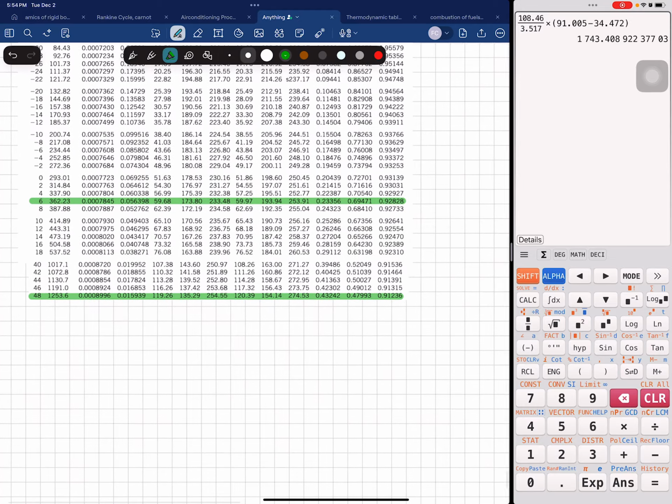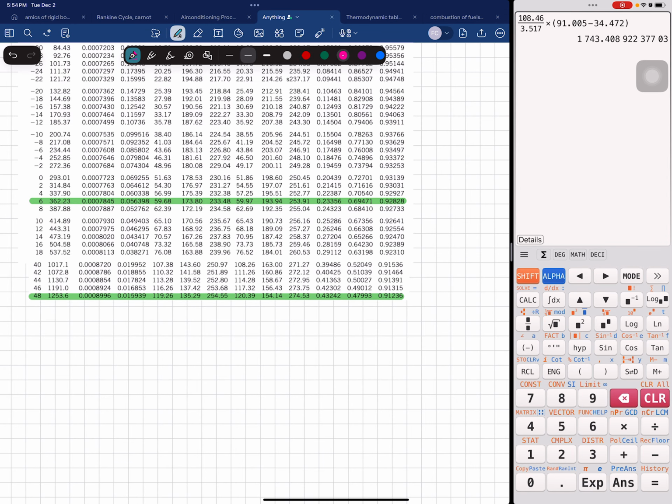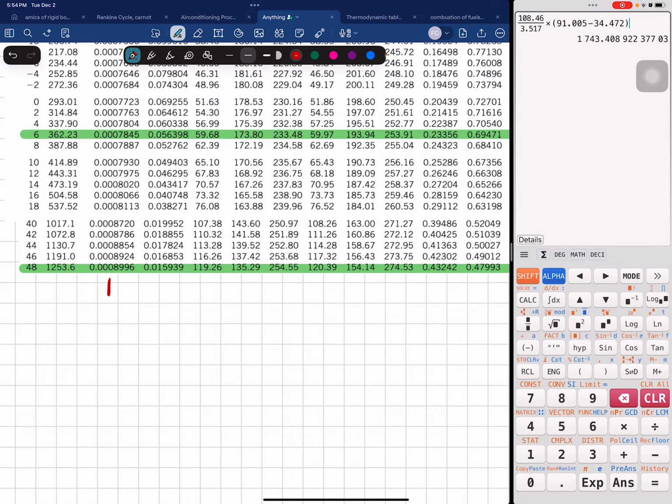Okay, so we know that S is equal to SF plus SFG times your quality X. This is also equal to your SG times quality X plus 1 minus X times SF.